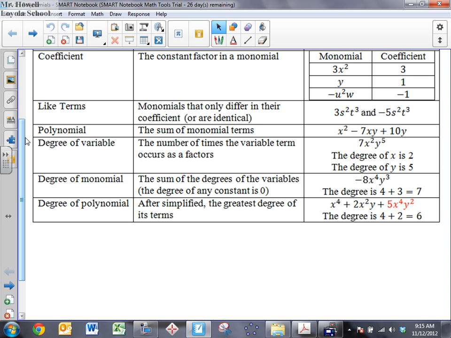All right, don't take this as an insult to your intelligence, please. Unfortunately, it was a bad test this week.